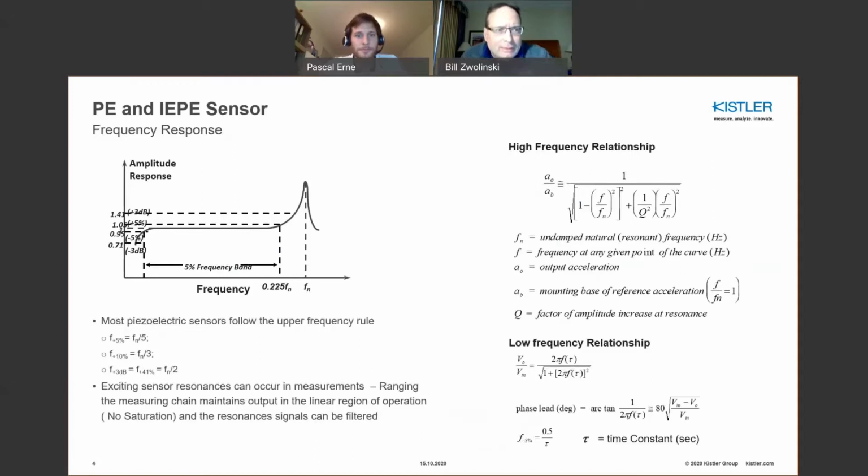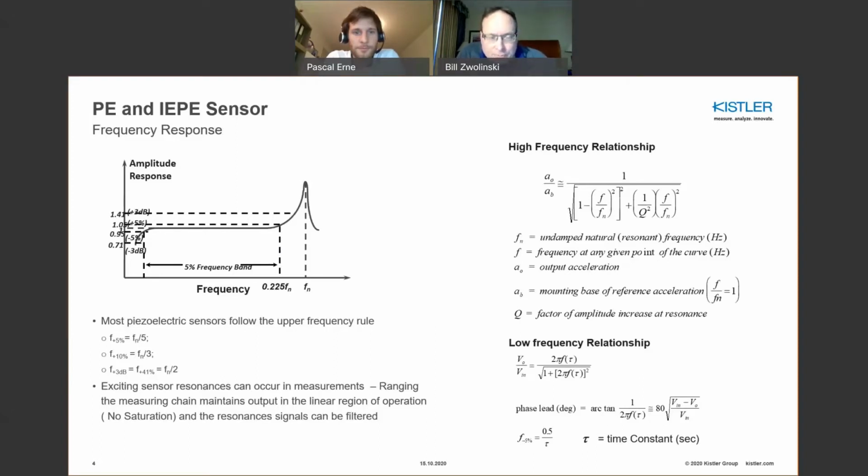One thing I covered last time, and one thing to remember, is that the frequency response of a piezoelectric sensor is that of a lightly damped second order system on the high end and a single pole high pass filter on the low end. What that means is that you've got a relatively flat amplitude response with frequency, which is excellent to have.